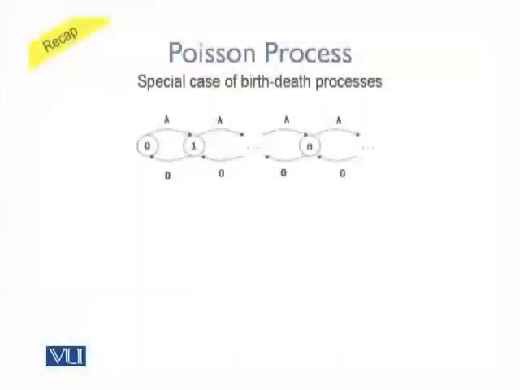Having talked of a birth-death Markov process, we can talk of a special case of it, which is the Poisson process. It is very useful for our study of queuing theory, because practically all of elementary queuing theory assumes that the arrival process is Poisson. If our arrival process is something other than Poisson, we can in general state very few things about the system.